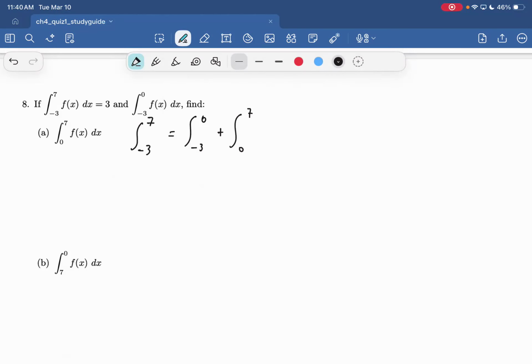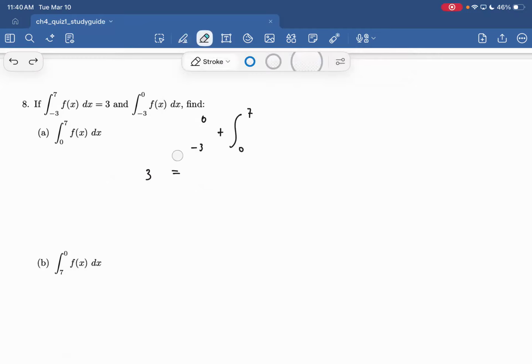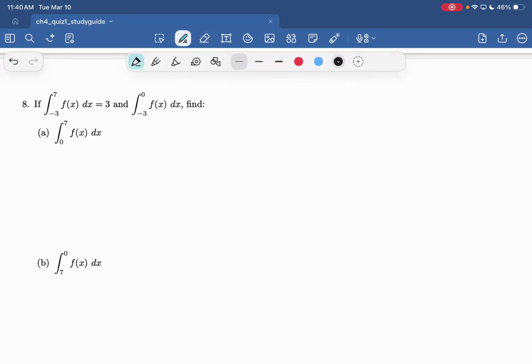Okay, so that just tells us that 3 equals, oh, sorry, there's a typo. I didn't give you guys the value of this integral here. Let's just say this is equal to -2. Okay, I'll make that adjustment to the question.